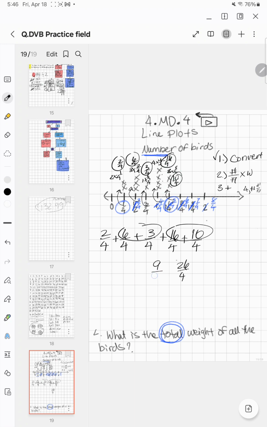This would be 9/4 plus 2/4. And we already know this would be 11/4 plus 26. So the answer is 37/4. But I can't leave it as an improper fraction, so I'm going to turn this into a mixed number.